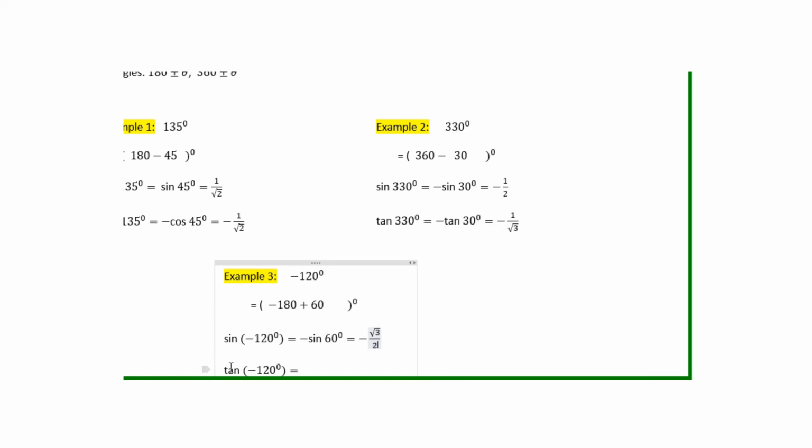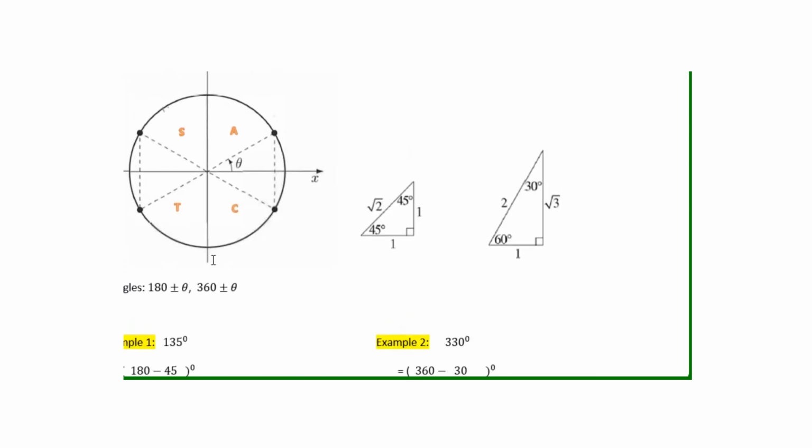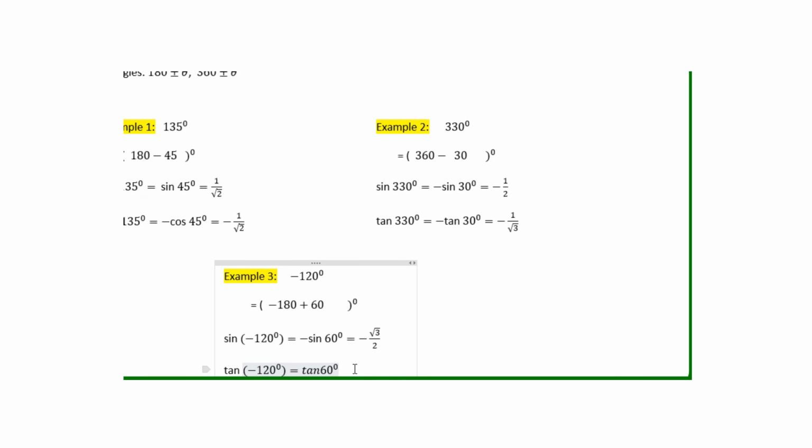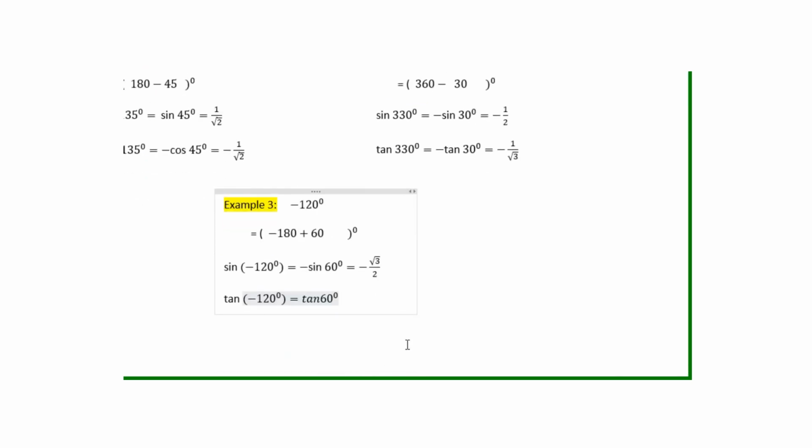Last one, tan of negative 120. We know the related angle is 60 degrees. So let's write it down first, but check if it's positive or negative. Okay, so it's in the third quadrant, so it's going to be positive, so it's going to be positive of tan 60 degrees.